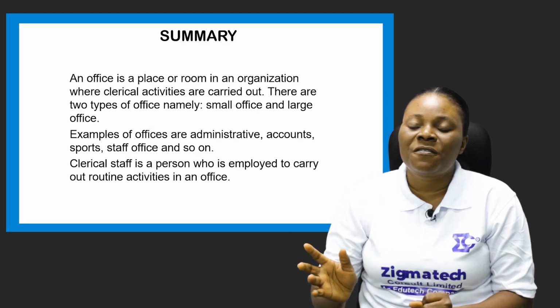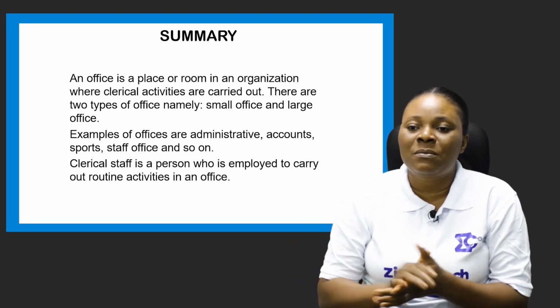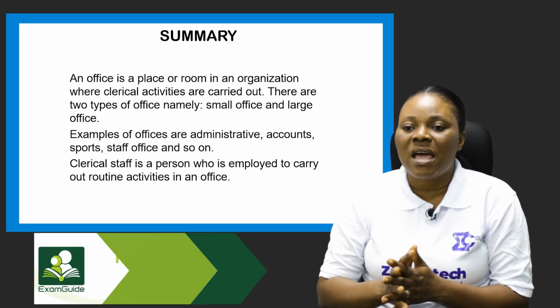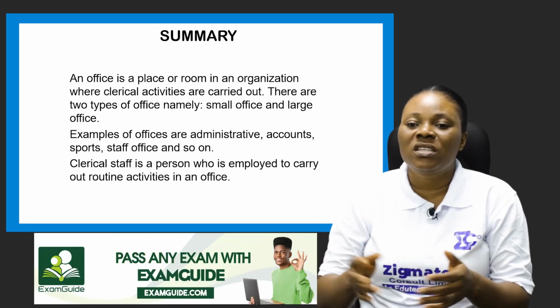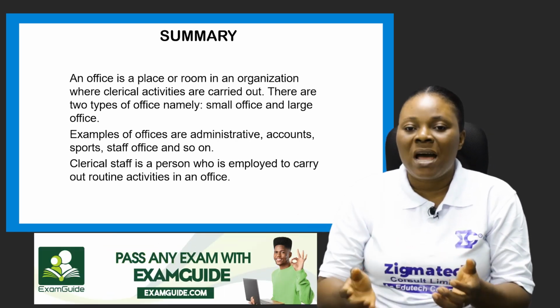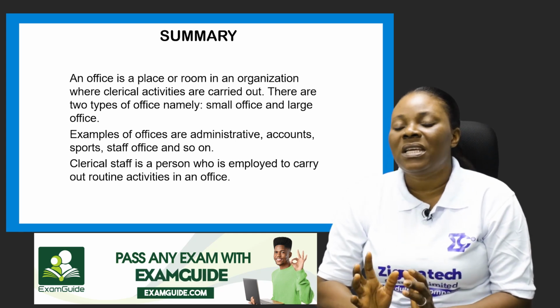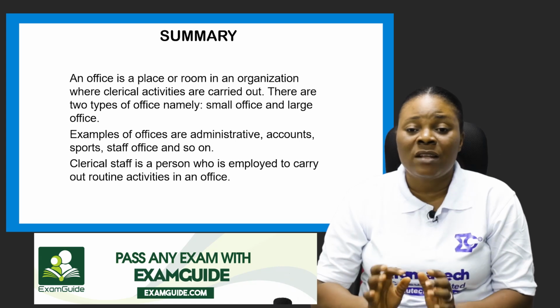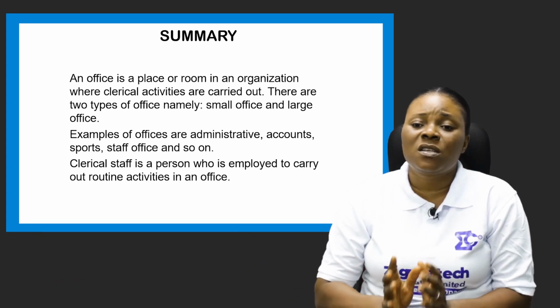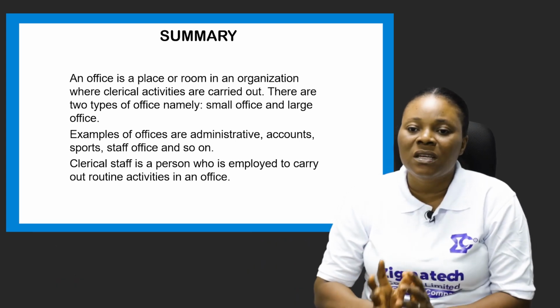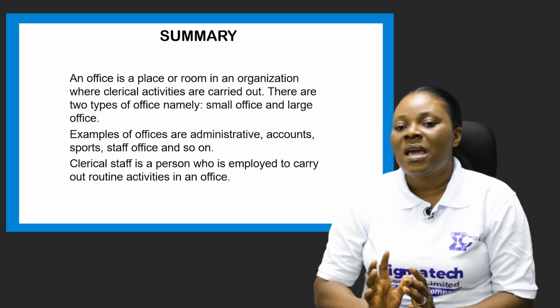Whereas a large office can be found in big establishments having more than 10 workers engaging in multiple tasks. Then we looked at examples of offices that can be found in an establishment, and I told you that it depends on the type of activity carried out in the establishment.